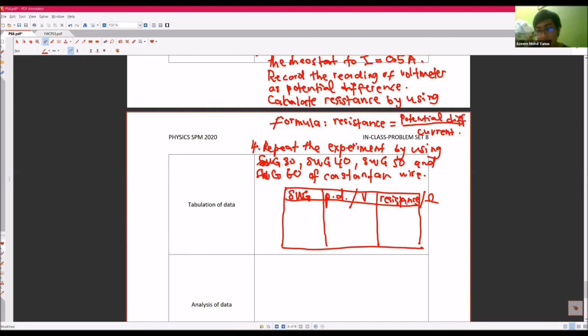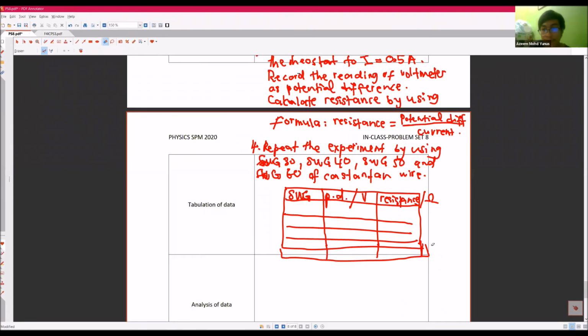Also, resistance, we can replace it with R. So we have 5 data. The data itself also can be ambiguous. It doesn't need to be specified with SWG. You can write it as A, B, C, D, E, or X, Y, Z, W, Q, or something like that. 40, 50, and 60.